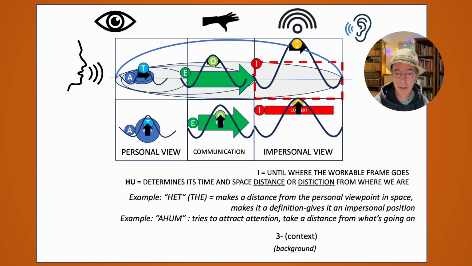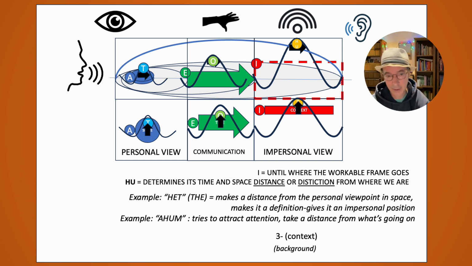There are not many words with it, but it is a bit like hut in Dutch, which also makes distance from a personal view and makes it an impersonal view. Hut makes it impersonal. It's an impersonal personification of a thing. The physical orientation is a personal view on what I see, what I think, and so on.